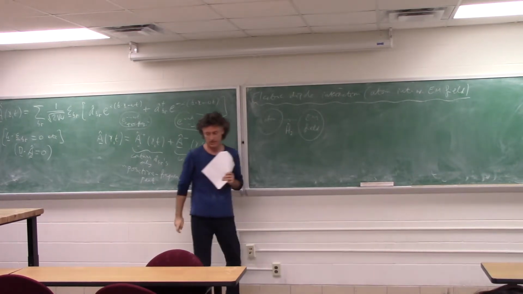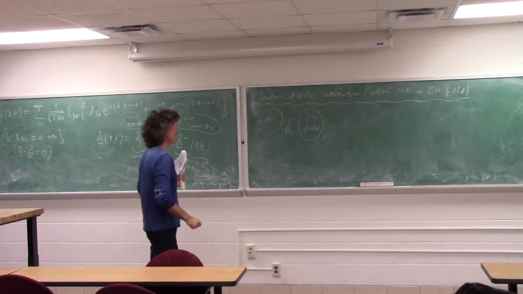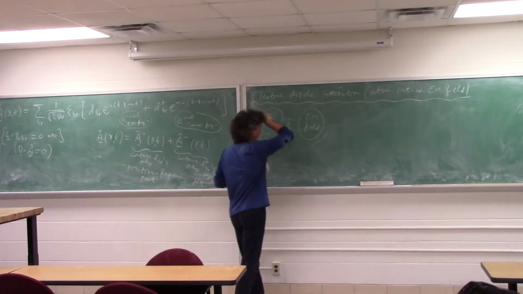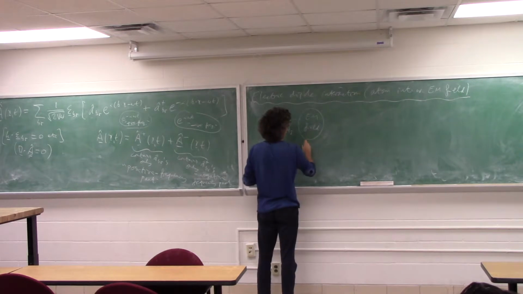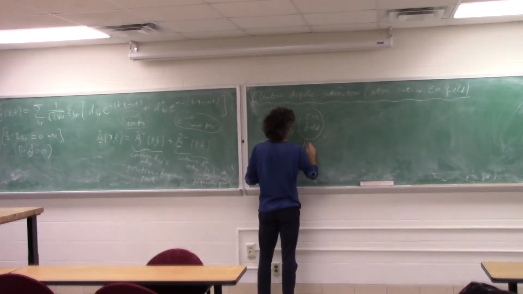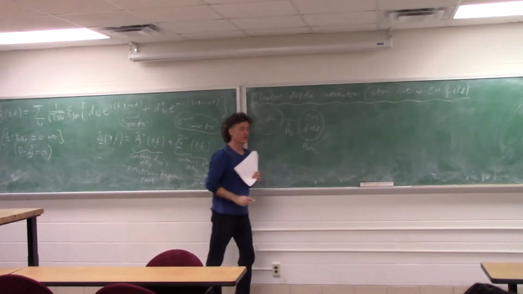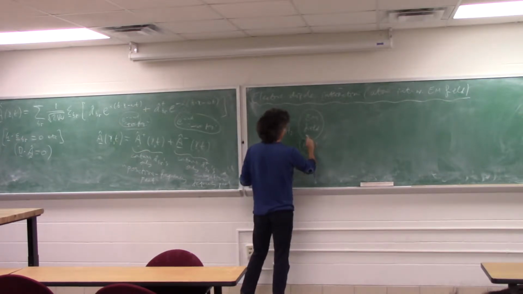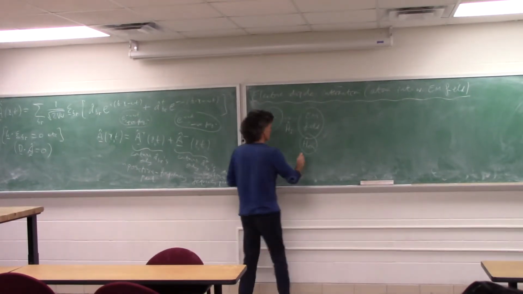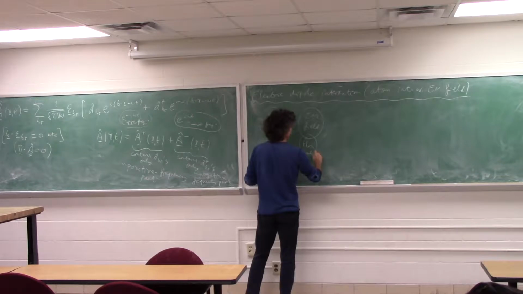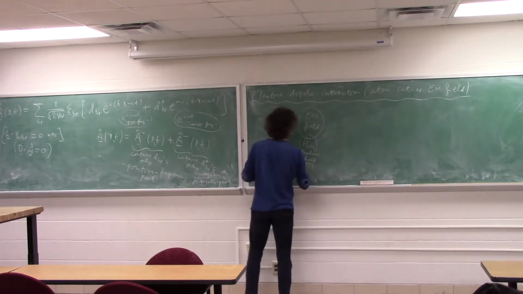that describes that. Now, we're working in the Heisenberg picture. So the electromagnetic field, we have the electromagnetic Hamiltonian, which evolves the field operators.